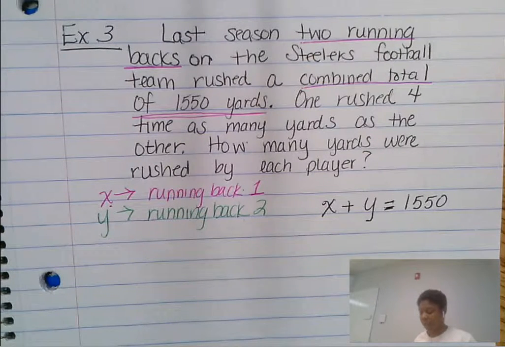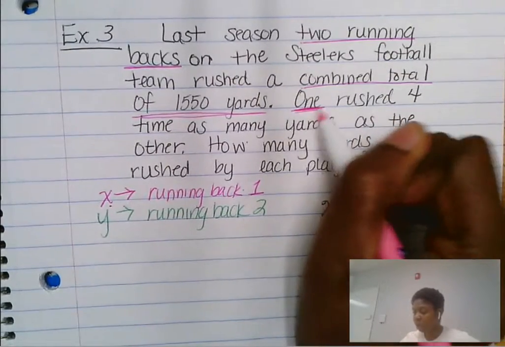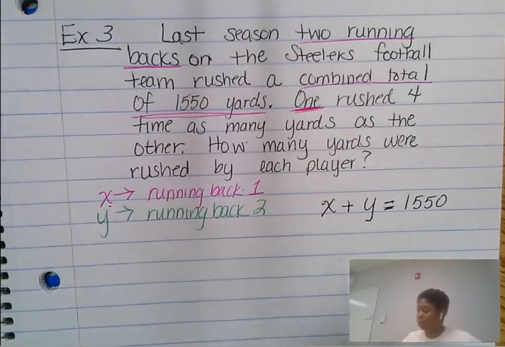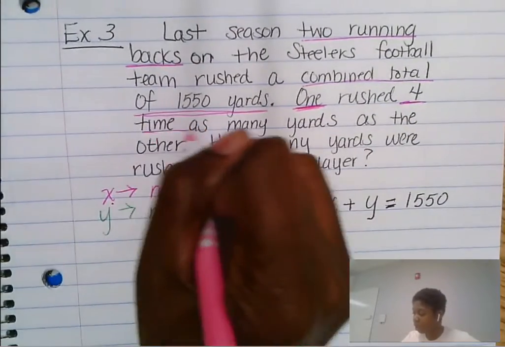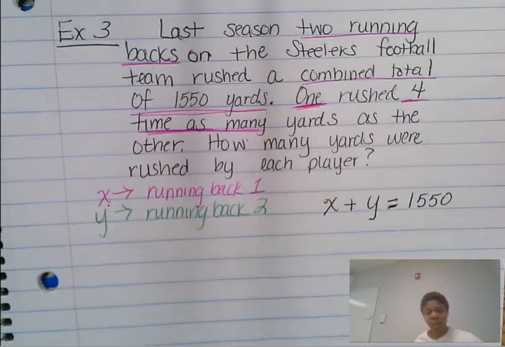So we got our first equation. Very easy. Now, the next really important part says one of them rushed 4 times as many as the other one. So that means one of our players rushed 4 times the number of yards as the other player.